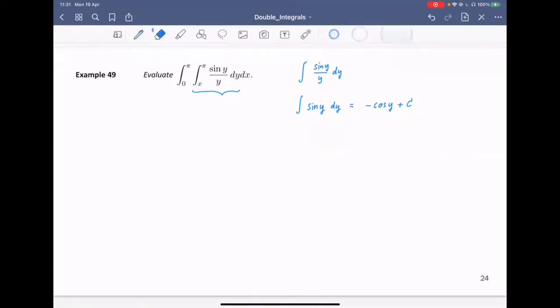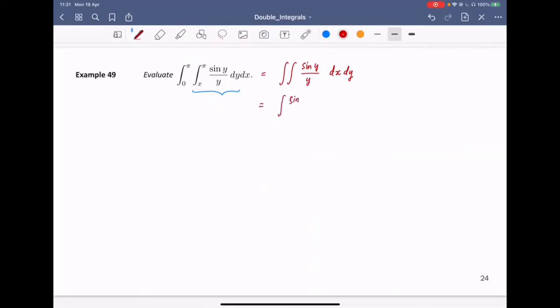The way that we're going to do it here is switch the order of integration. If you switch the order of integration, you put x inside. Then sine y over y is going to be constant, right? And once it is constant, you can pull it out of the integration and just integrate the x first.